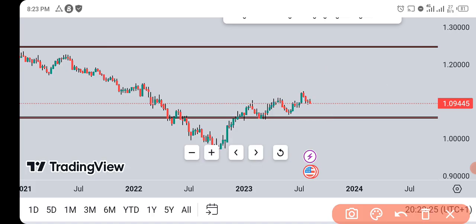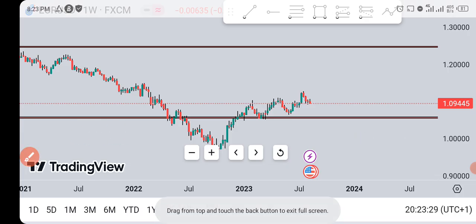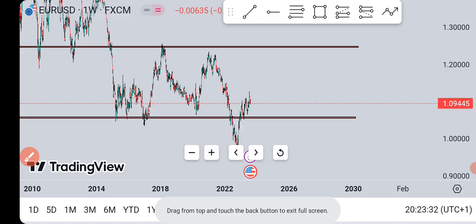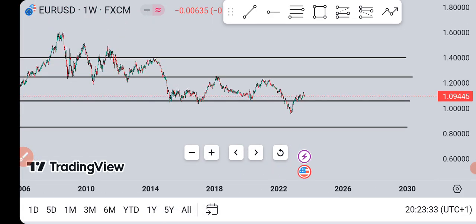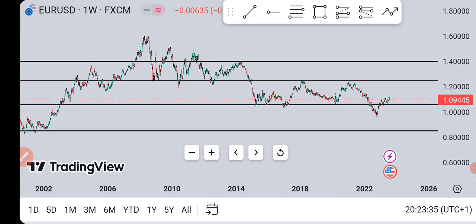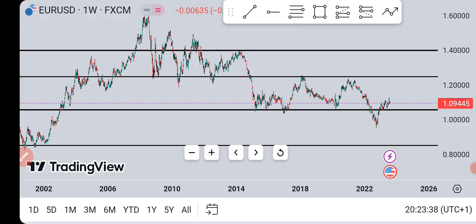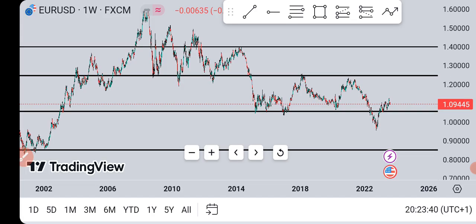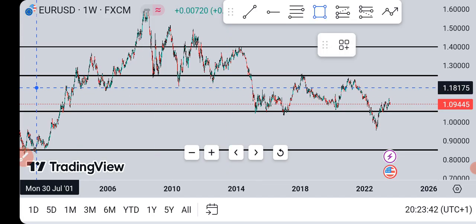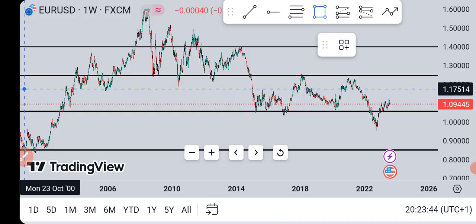Now on the weekly time frame, I still need to mark out my zones, my weekly zones. So let me zoom out and show you guys how I do it on the weekly time frame. Now you can see that I have this zone. I have a strong zone right about here.